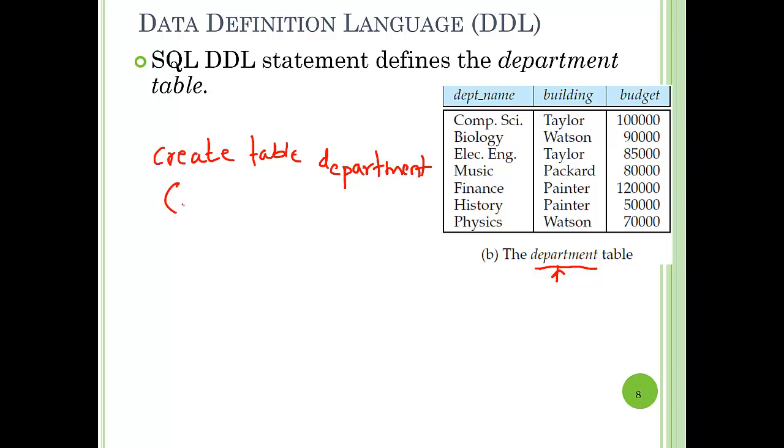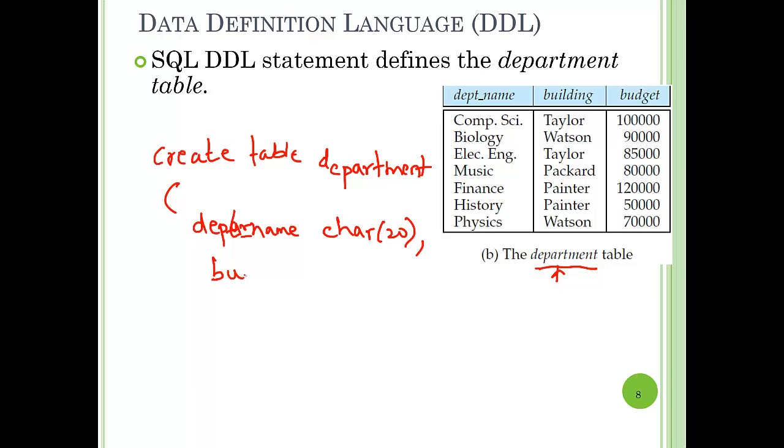and round brackets. So what are the attributes? Department name, building, and budget. Department name, and its domain I mention here as character, maximum size 20, comma.